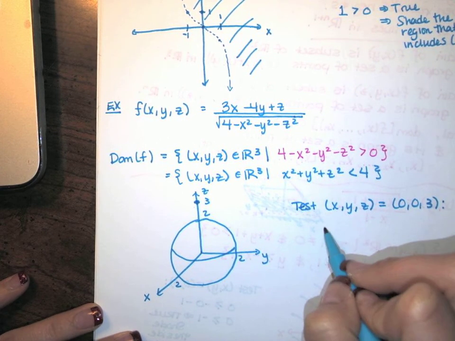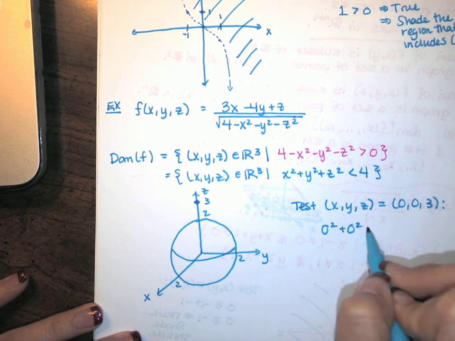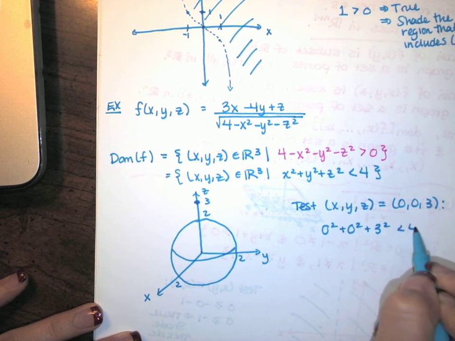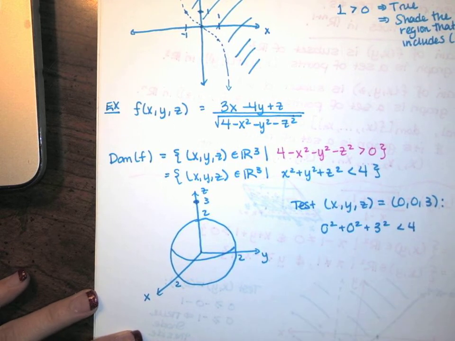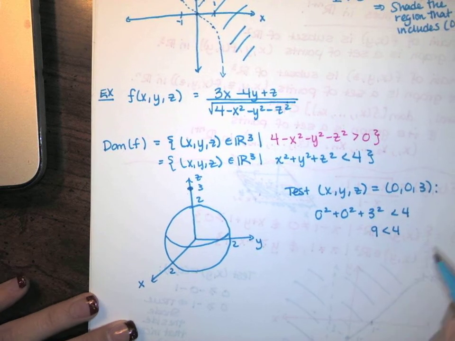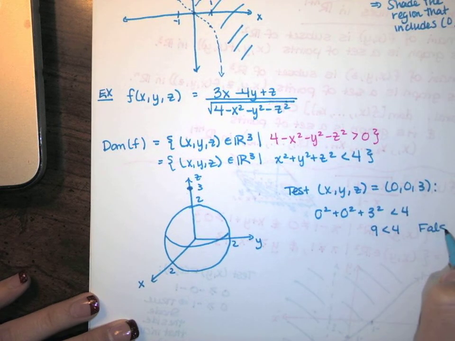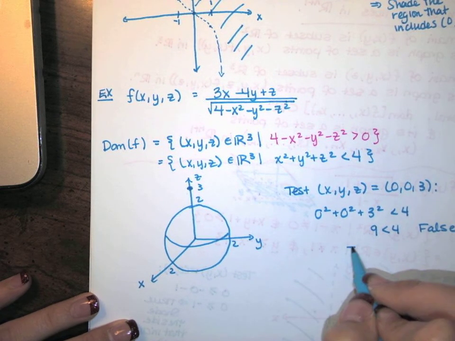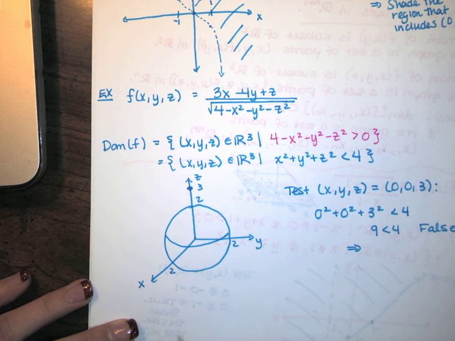Well, then I get 0 squared plus 0 squared plus 3 squared is less than 4. I'm substituting that into that equation. When I simplify, I get 9 is less than 4. And that is definitely false. 9 is not less than 4. So that means don't shade this region, shade the other region.